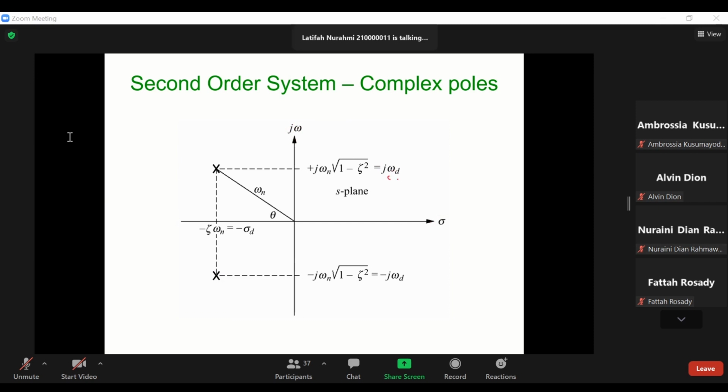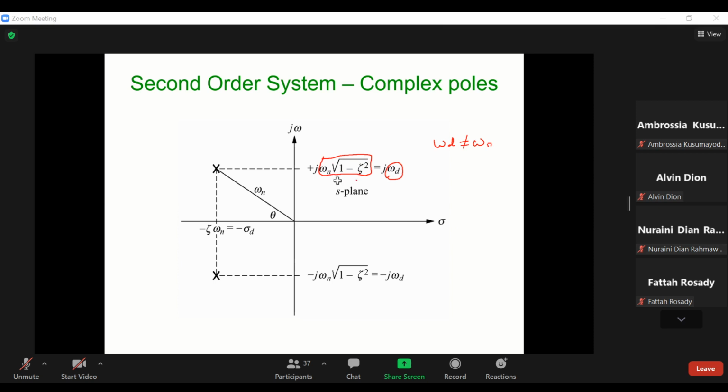So what is omega d? Omega d is the damped natural frequency. It is not the same as omega n, right? So you just keep that in mind. So omega d can be found from this. This is omega d: omega n times the square root of 1 minus zeta squared.